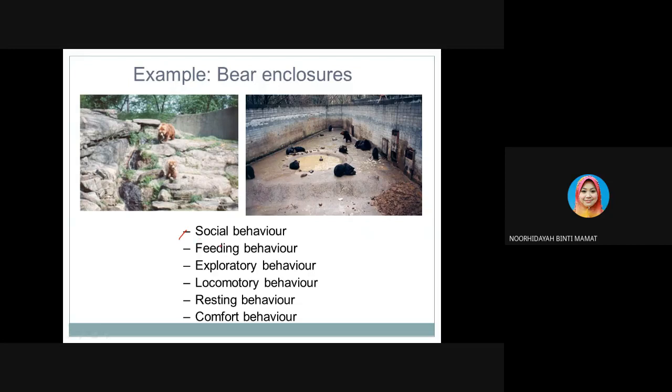Bears are not generally gregarious animals, because they live on their own for most of the year, or together with their cubs. It can also be expressed in the categories of feeding behavior, and also exploratory behavior and locomotory behavior.